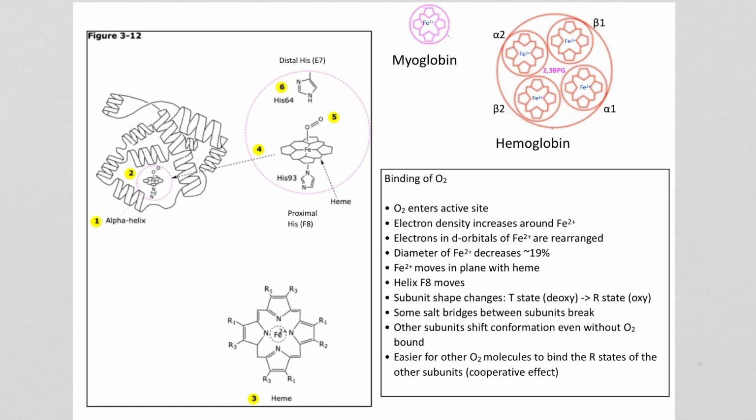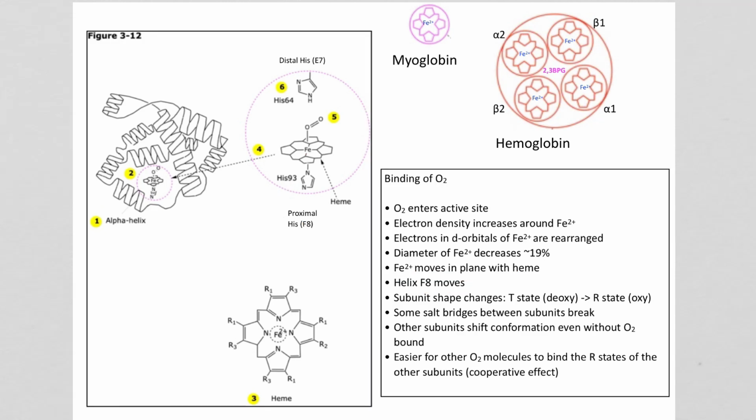The iron atom now moves into the plane of the heme. Since iron is connected to histidine 93, which is on helix F8, this movement of the iron atom into the plane of the heme causes the whole helix F8 to also move.